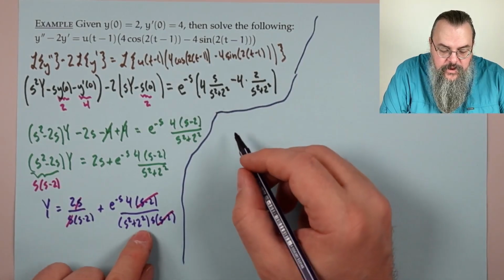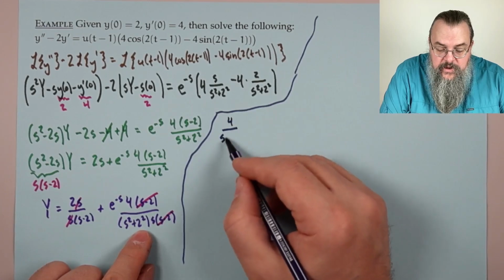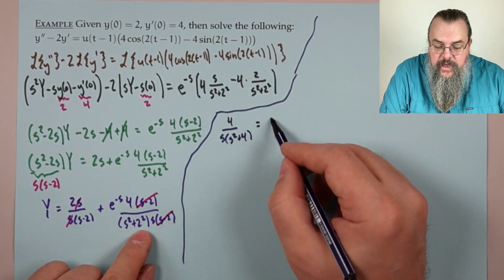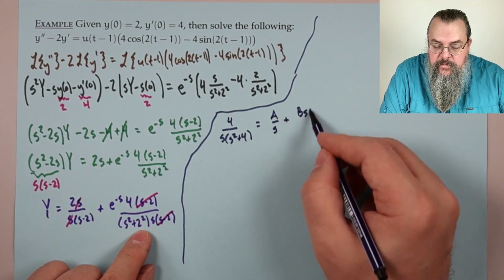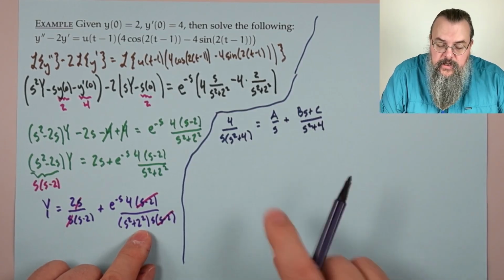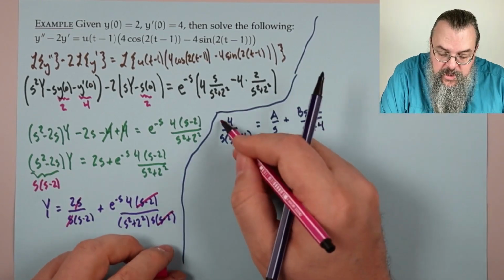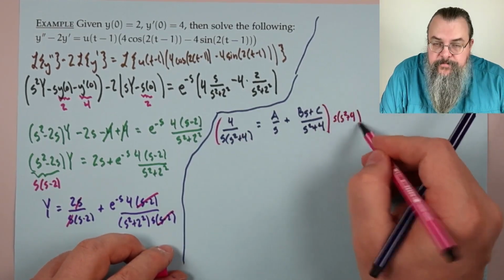All right, so we have 4 over s times s squared plus 4. We're going to write this as A over s plus Bs plus C over s squared plus 4. Clear your denominators, and by that we mean multiply by s times s squared plus 4.